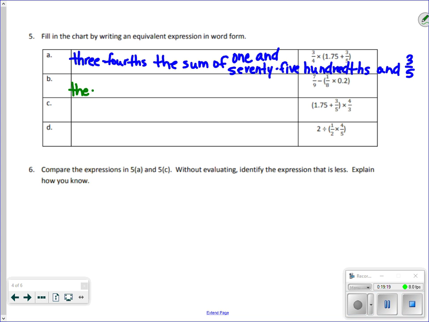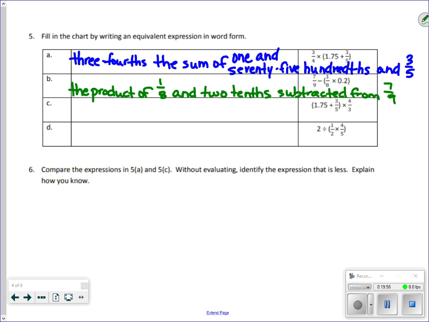There are 2 ways you can write this one. The product of 1/8 and 2/10 subtracted from 7/9.